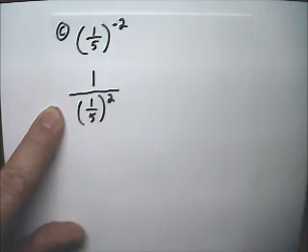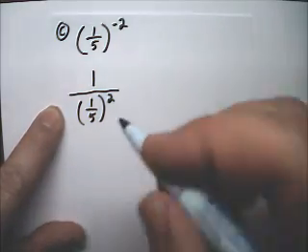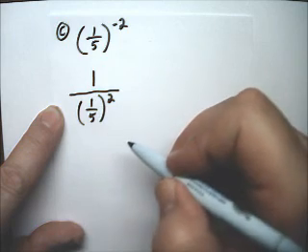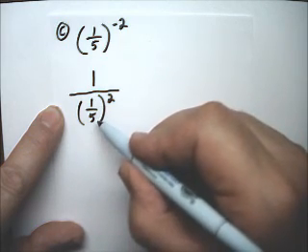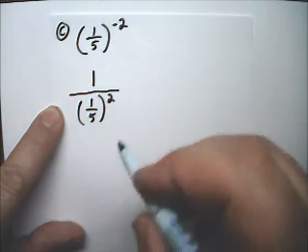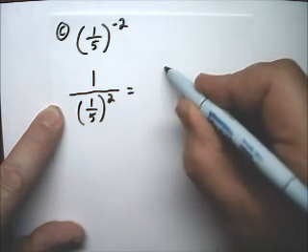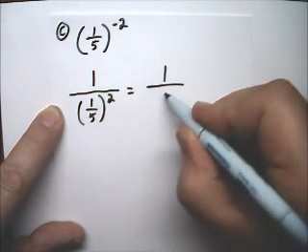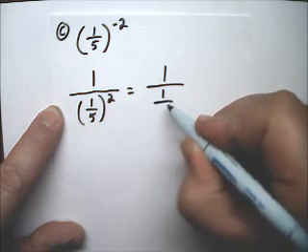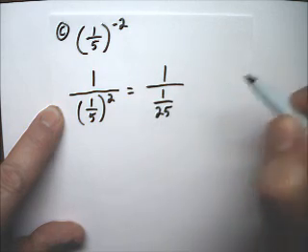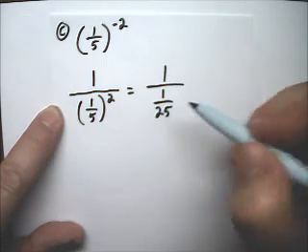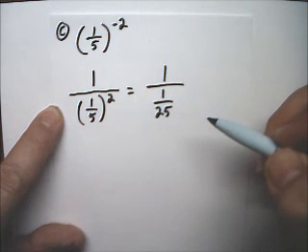Okay? So let's see, this is 1/5 times 1/5, which is 1/25 in the bottom. So in the top I still have a 1. Here I have 1 over 25. This is 1 divided by 1 over 25.